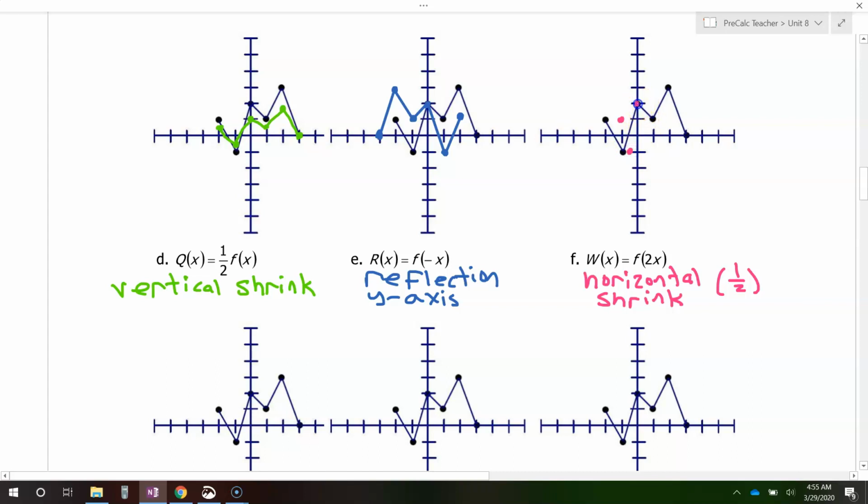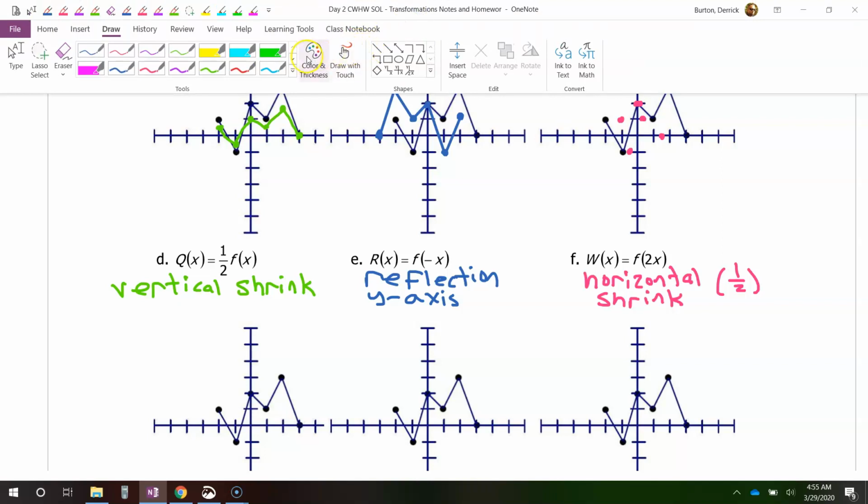This one is right on the y-axis, so it's not going to move. This +1 will become 1/2, this positive 2 will become 1, and this 3 will become 1.5. So I'm cutting all the x values in half.